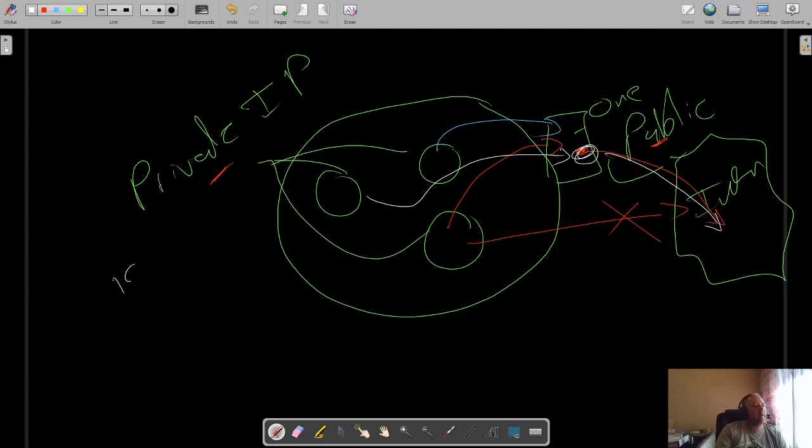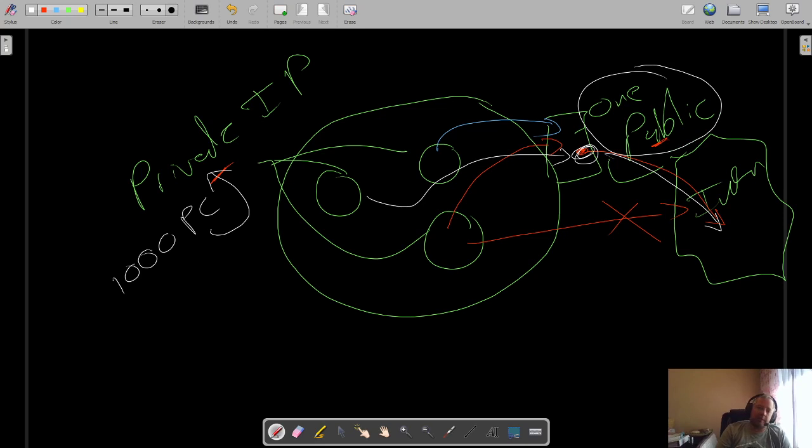So even if I have 1,000 PCs or 1,000 private addresses, I still only need one public address to connect to the internet. So this is how we've gone around the fact that we are running out of IPv4 addresses. We cannot give every single device its own unique IPv4 address.